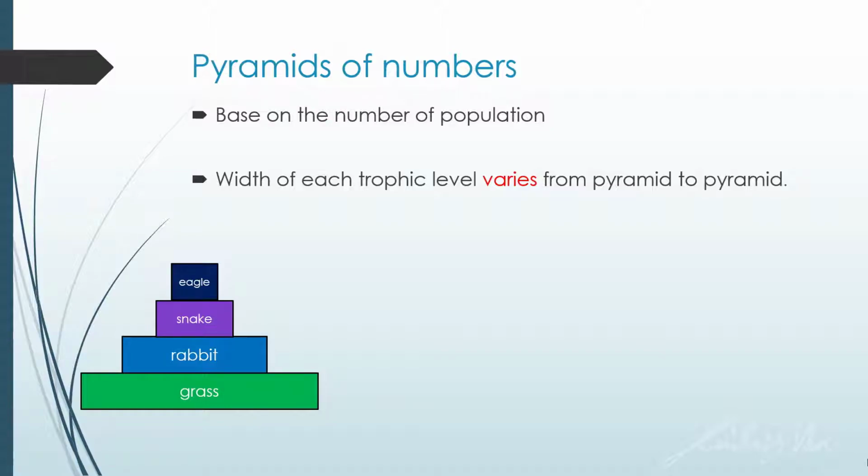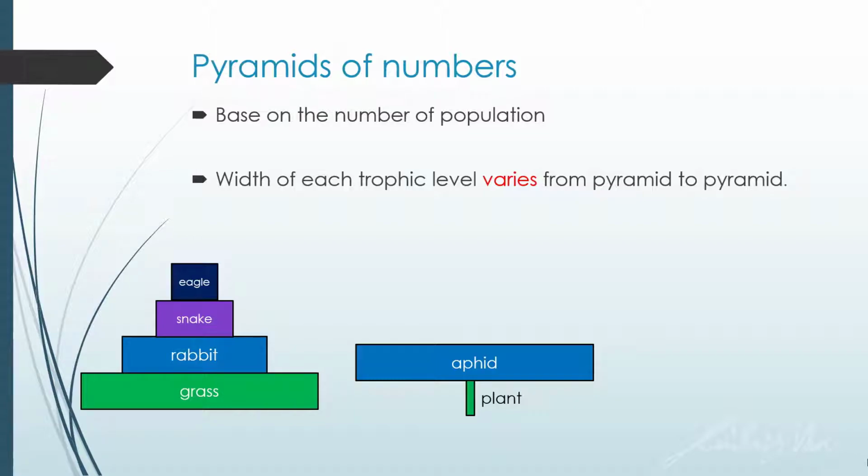So let's look at something that is different. For the case of aphids and plant, you will have one plant, but you will have a lot of aphids. The number of aphids on a plant is definitely more than one. So there's a population of aphids on the plant, feeding on the plant, with the plant being large enough to support that number of aphids.